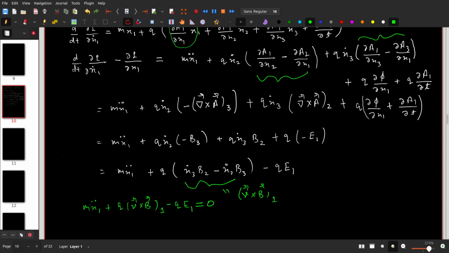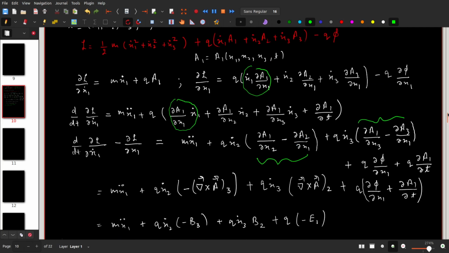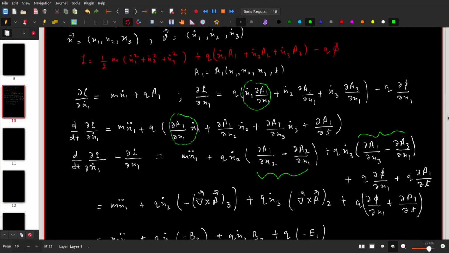This is our Euler-Lagrange equation corresponding to the x1 coordinate, which is the same as the equation of motion that we have written initially.